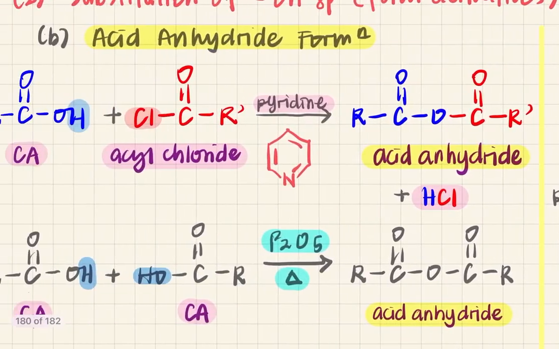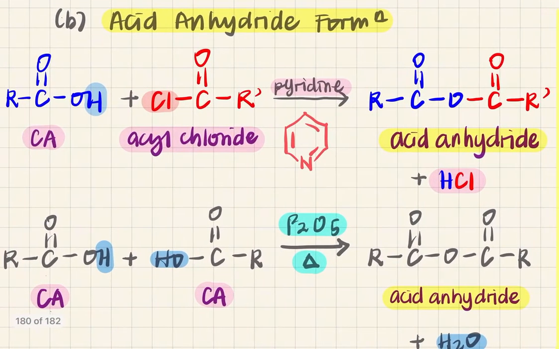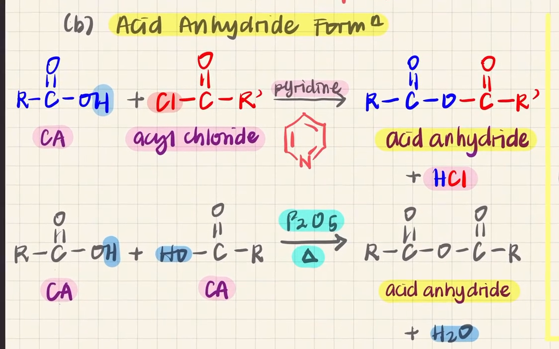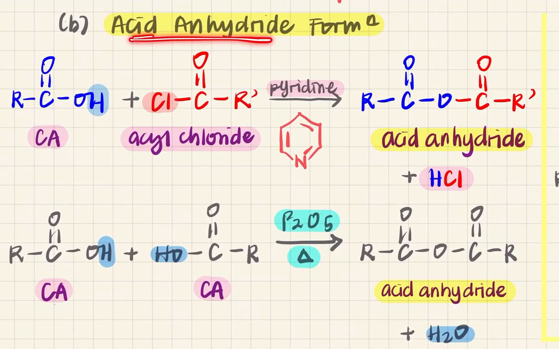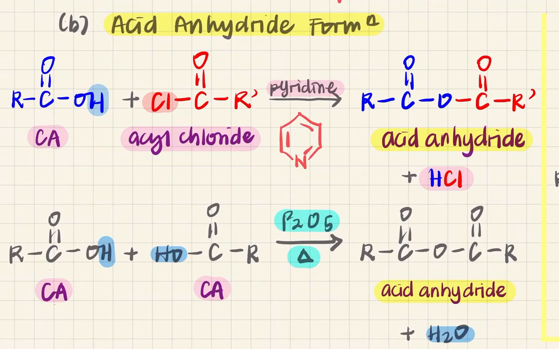Next, you can also form acid anhydride. Okay, apakah acid anhydride? It looks like this, acid anhydride. So the anhydride, okay, acid anhydride ni dia punya identity is this: carbonyl, oxygen, carbonyl.